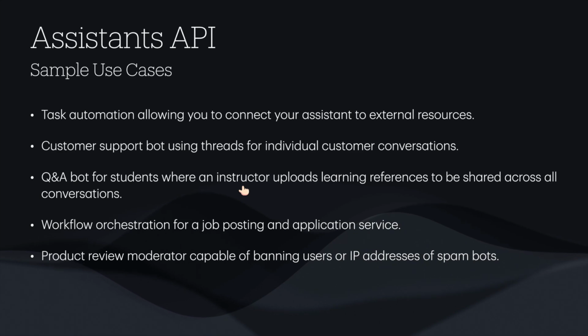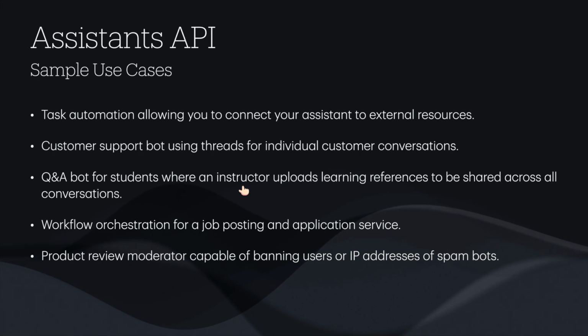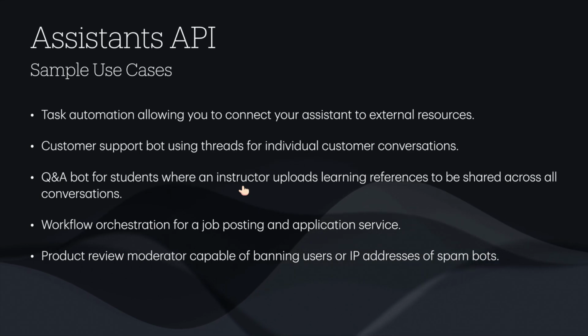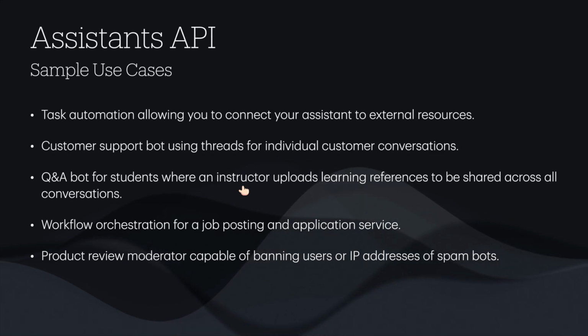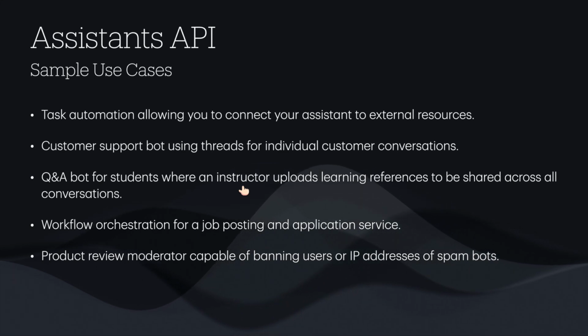Let's say we built a moderator that fact-checked these reviews to make sure that the reviews are fair and the reviews are not spam or have inappropriate content, that kind of thing. And then we could also give that particular assistant agency to ban maybe an IP address from our website.